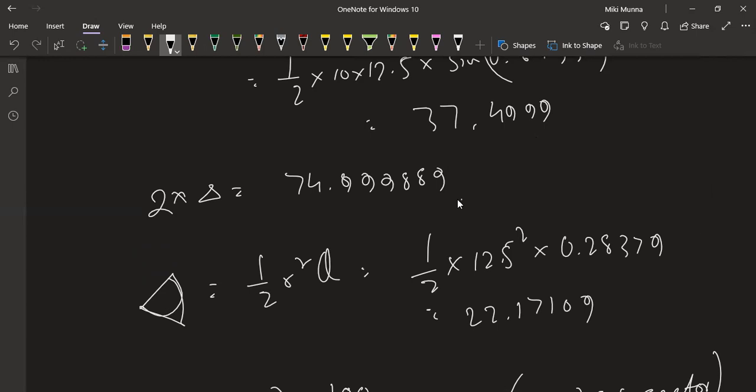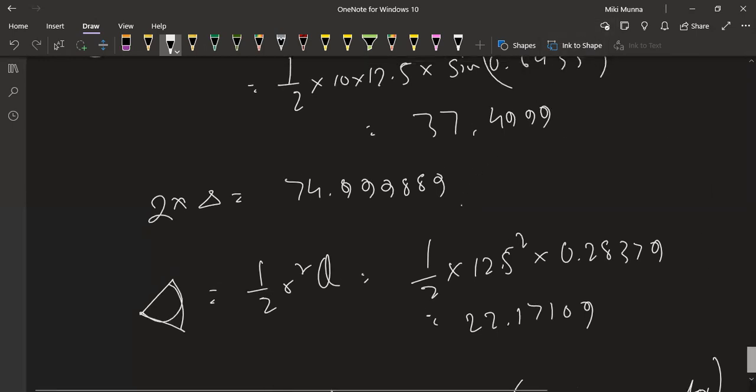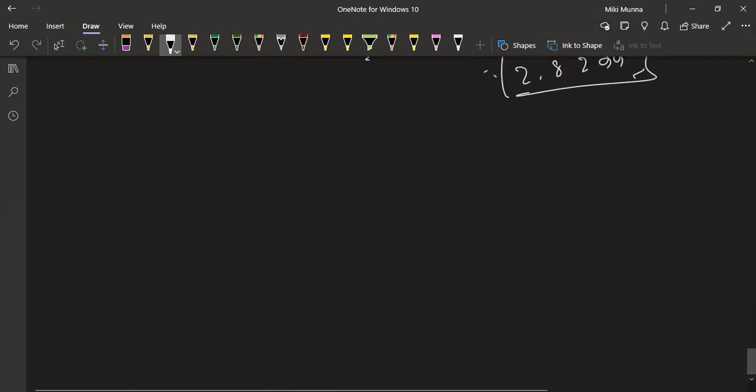Exercise 8A, we have 2. From 2, let's see. We have some special ones here. Just a minute.